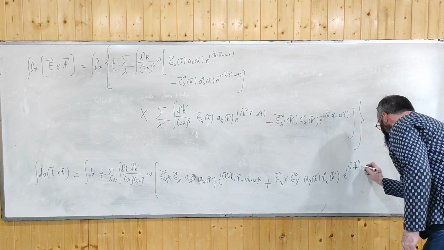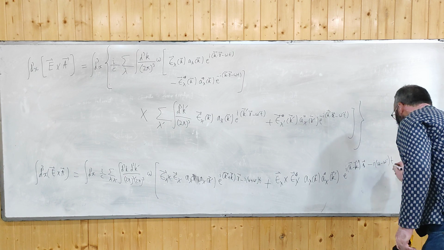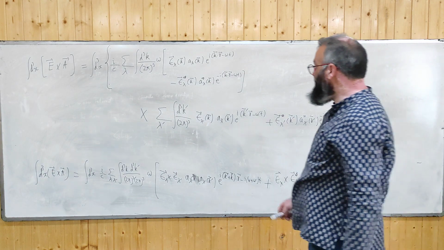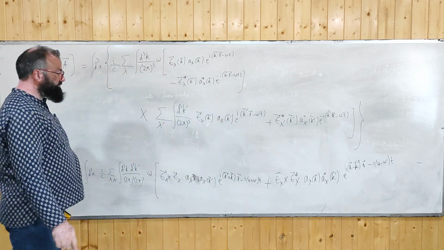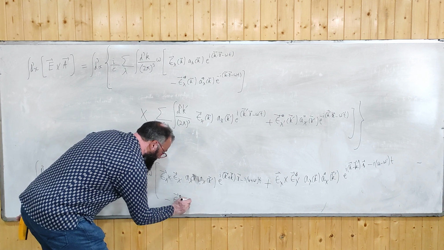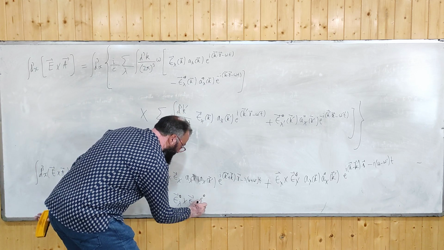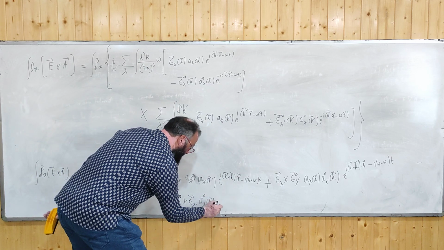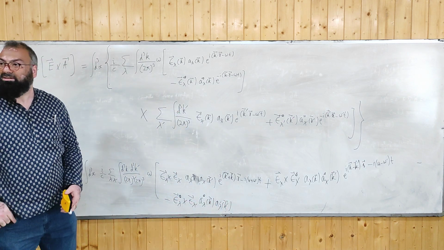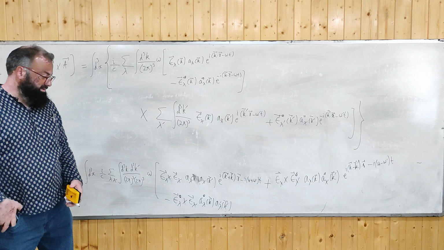It's a big expression, but it's very simple to multiply. Then you are having this term multiplied by this term, minus epsilon star lambda cross epsilon lambda prime, a star lambda k, a lambda prime k prime. Is it clear? Is it visible?